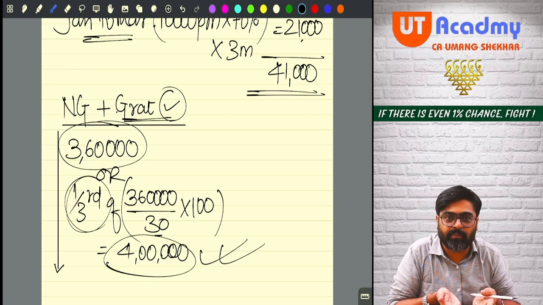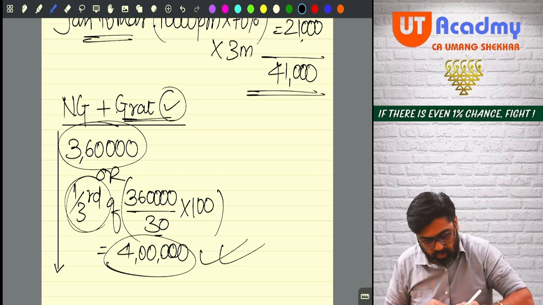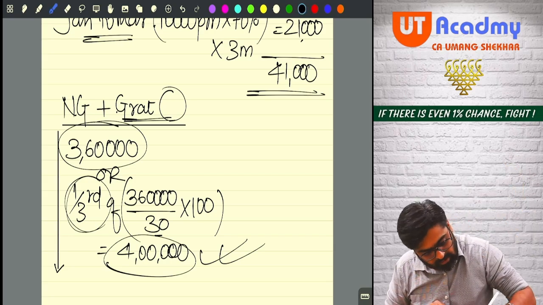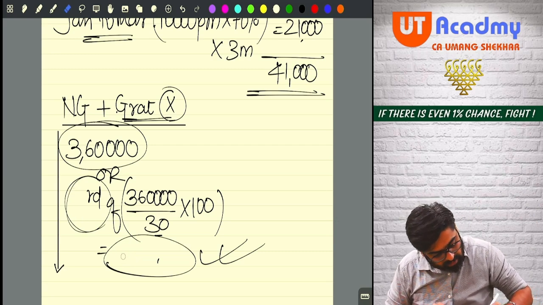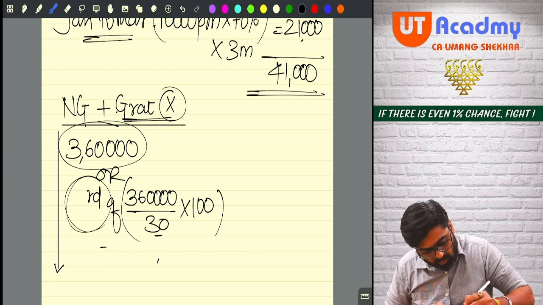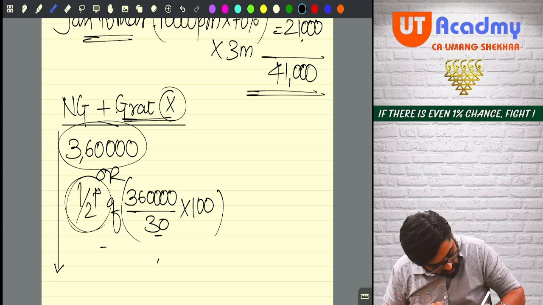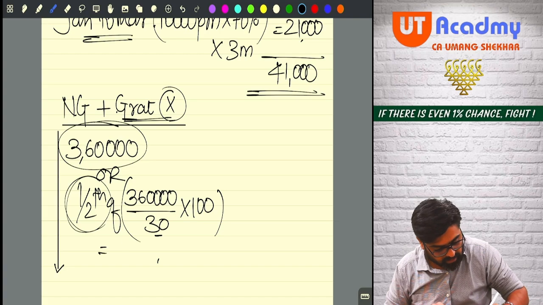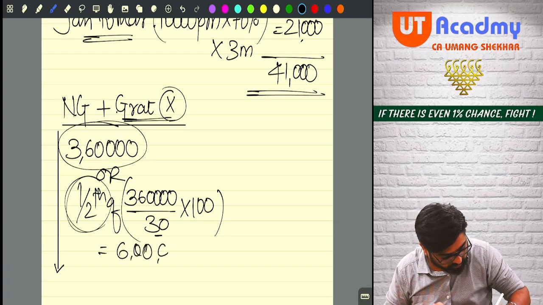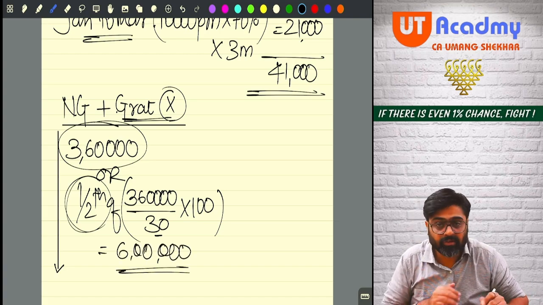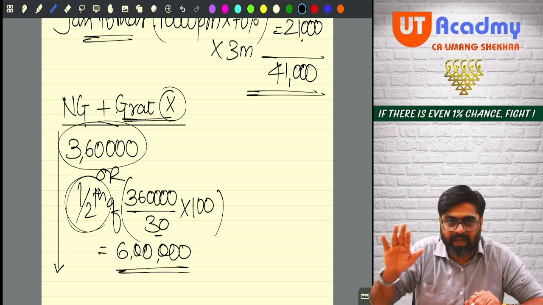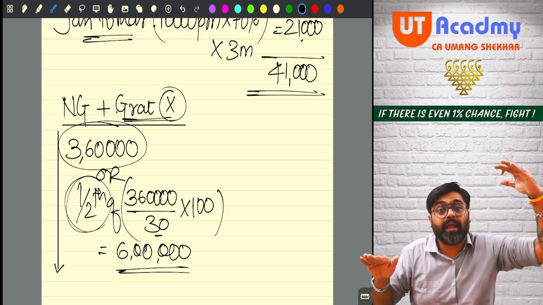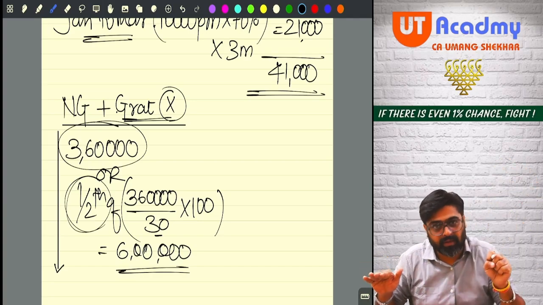Likewise, you can do the same calculation if he is not receiving gratuity. Come on, tell me. What if he is not receiving gratuity? Then instead of 1/3, now how much will you take? You will take 1/2. Now 1/2 of 12 lakh will be how much? 6 lakhs. Yes or no? Now tell me, 6 lakh or 3,60,000, whichever is lower. 3,60,000. 3,60,000 exemption you will get, meaning that the 3,60,000 which you are receiving is fully exempt.